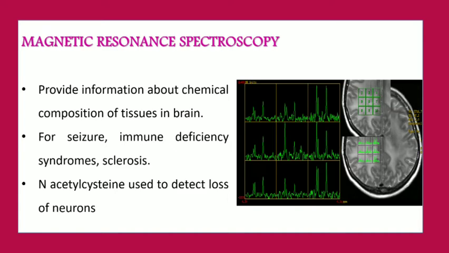It is used to know the changes in brain tumors, strokes, seizure disorder, Alzheimer's disease, depression, sclerosis, and other diseases affecting the brain. It has also been used to study the metabolism of other organs. N-acetylaspartate is used to detect loss of neurons in the brain.